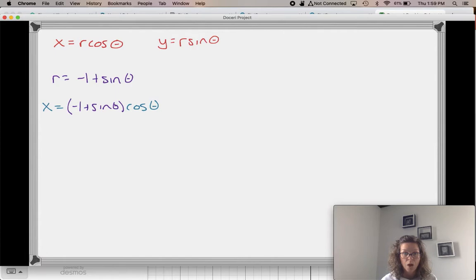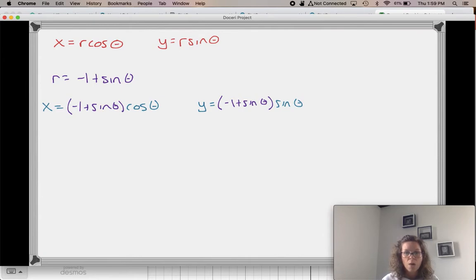So that's my x equation, right? And my y equation is going to be y is equal to r sine of theta, which is (-1 plus sine of theta) sine of theta. Now, I could distribute that through, but I'm actually not going to bother to. I'm just going to leave it right here.